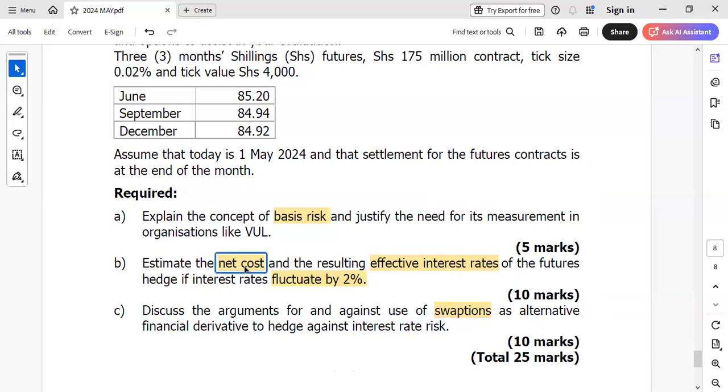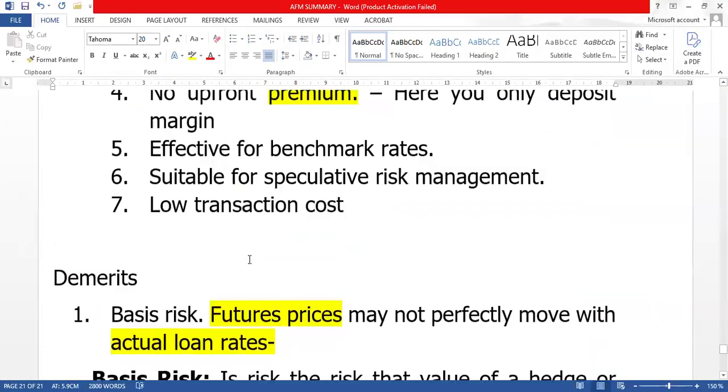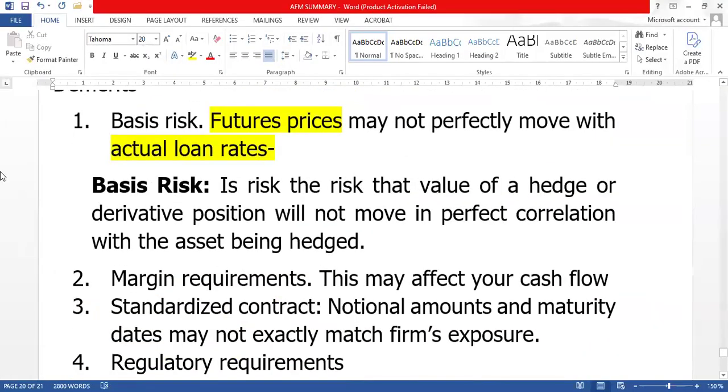Why would you need to measure basis risk? I have already explained what basis risk is. Have you already searched about that? I have already talked about basis risk, explain the concept.